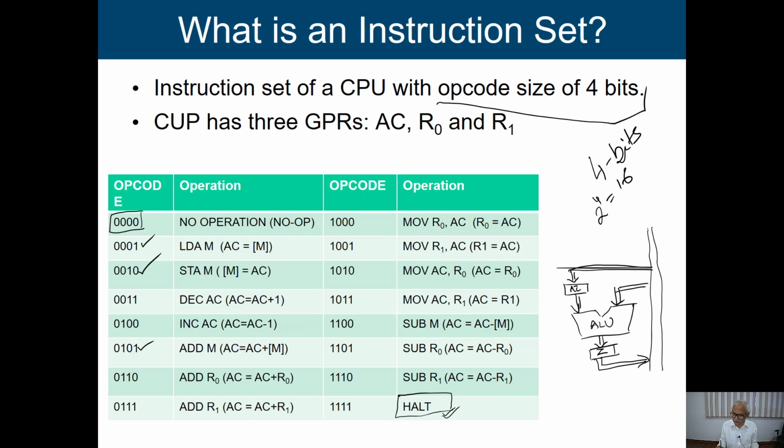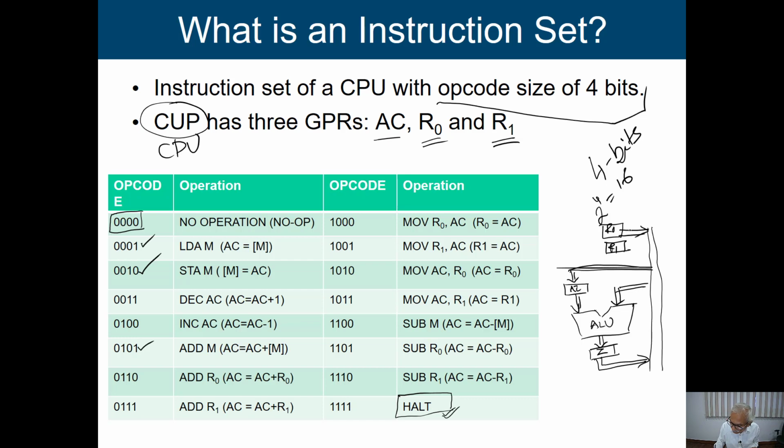In this case it is an accumulator-based processor. We have a general purpose register called the accumulator, which keeps one of the operands. Consider that this CPU has 3 GPRs, general purpose registers: one is the accumulator, and the two others are R0 and R1.